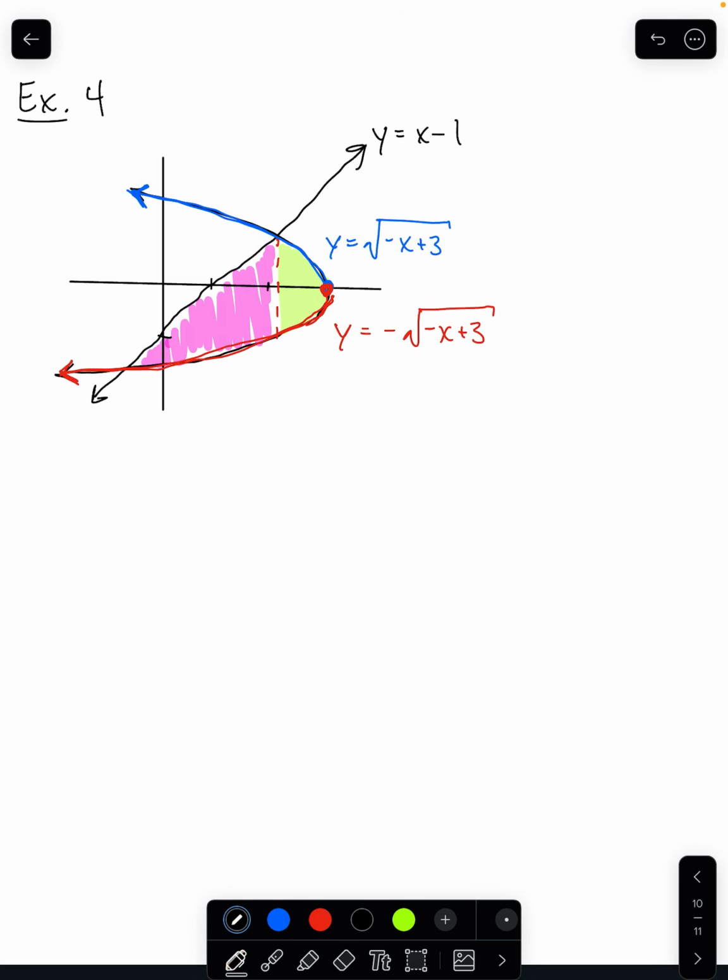In order to do this in terms of x, we would need two separate regions.